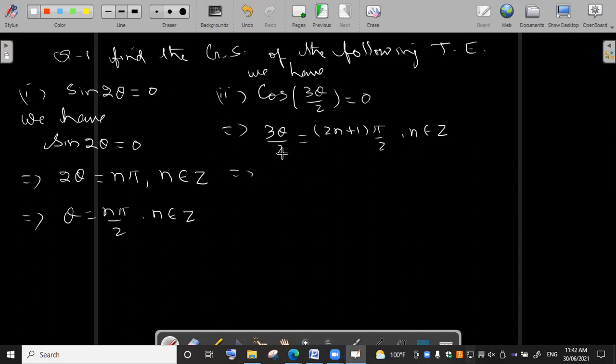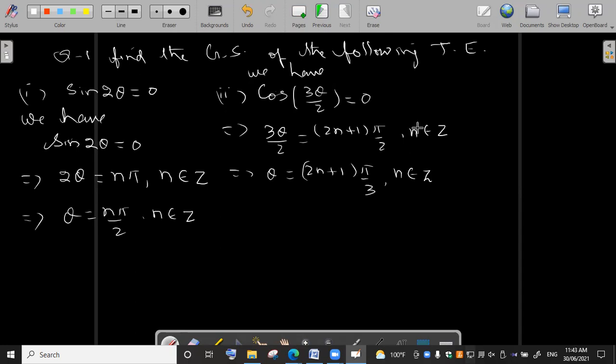This 2 will come here and cancel, so we get theta equal to 2n plus 1 pi by 3, n belongs to integers. Similarly for tan also.